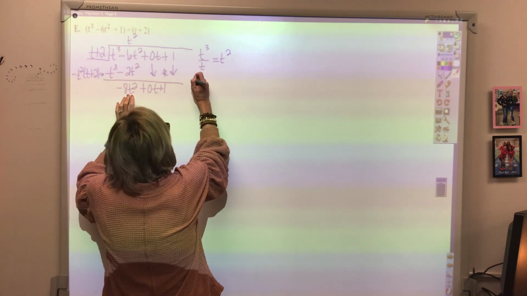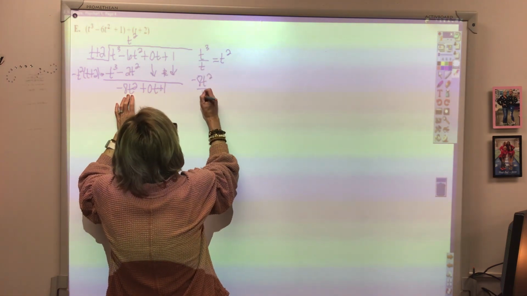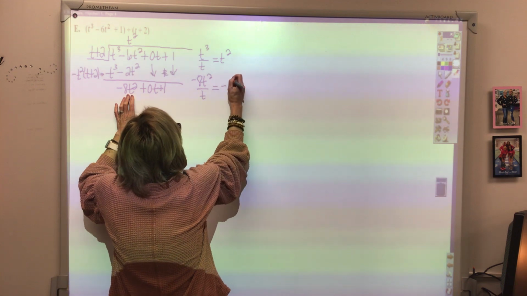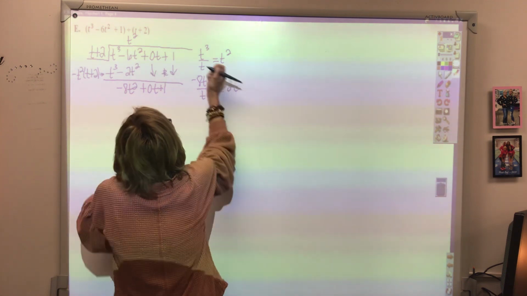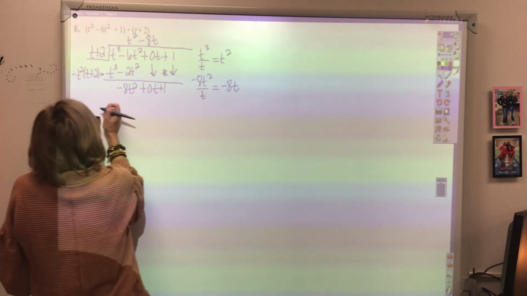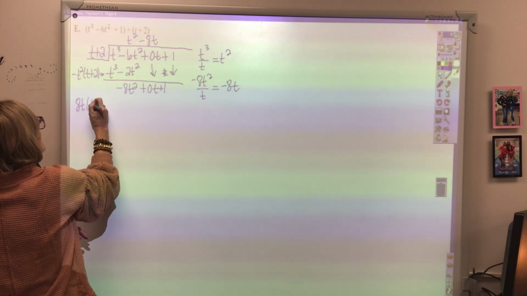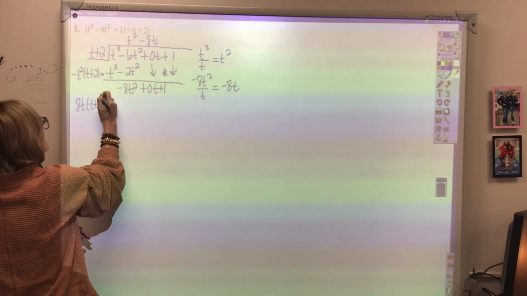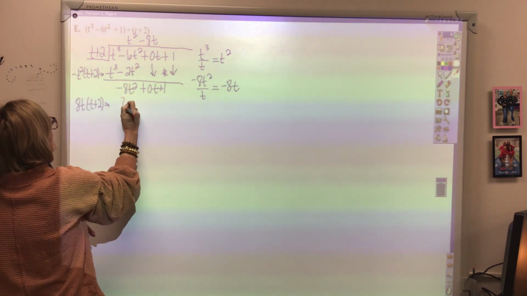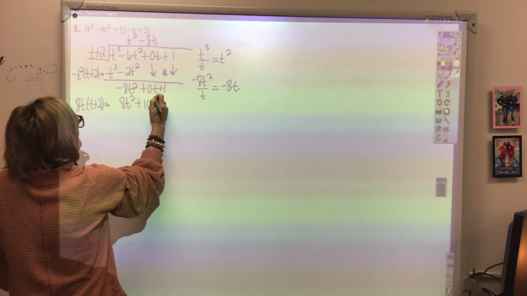So we take negative 8t squared and we divide it by t, which gives us a negative 8t. Put a negative 8t on the top. Multiply through by the opposite, so positive 8t times t plus 2 gives us 8t squared plus 16t.